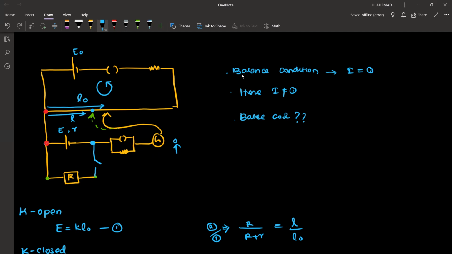But once the balance condition is achieved, the current is zero. So there is no current flow in this secondary circuit at all. Okay with that idea? K is open, no current flow. I secondary is equal to 0. Okay.